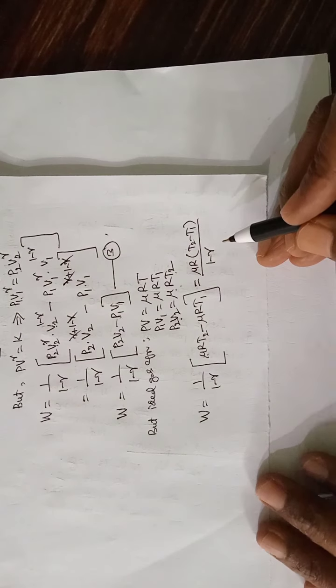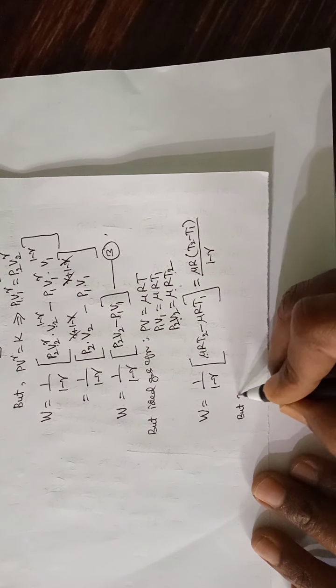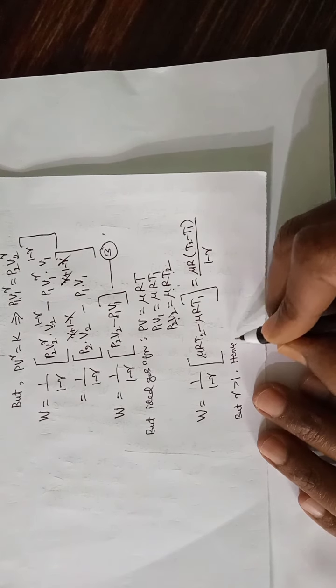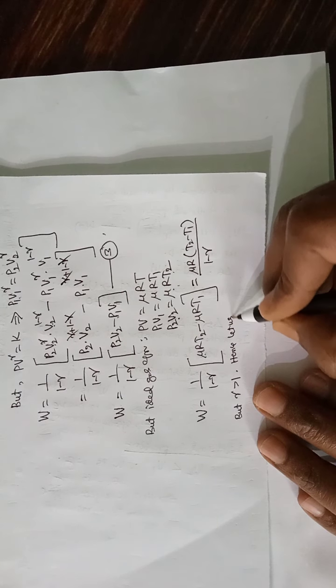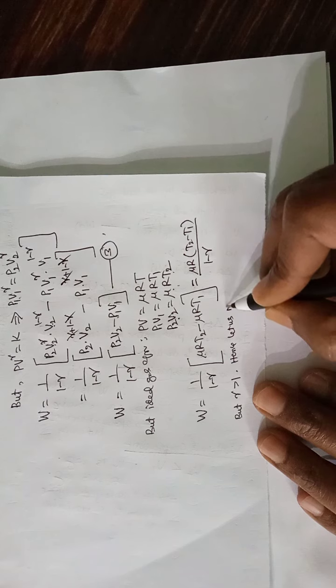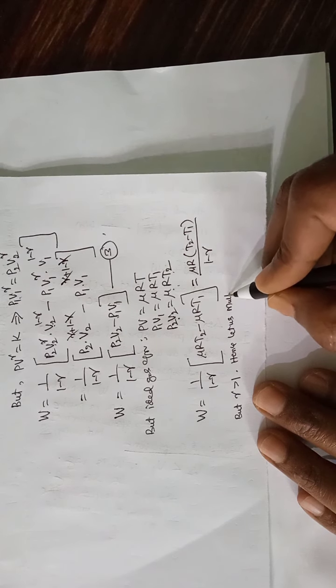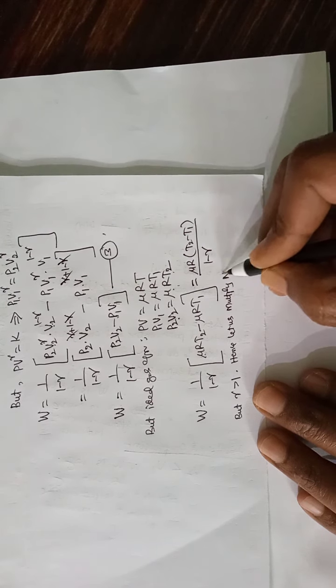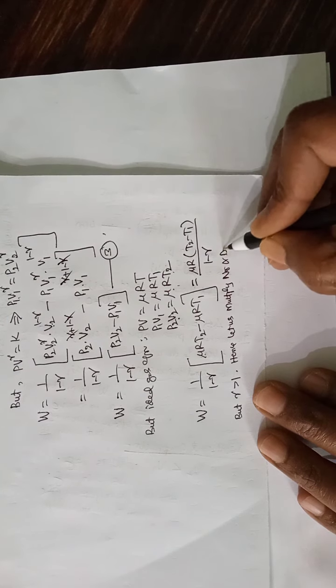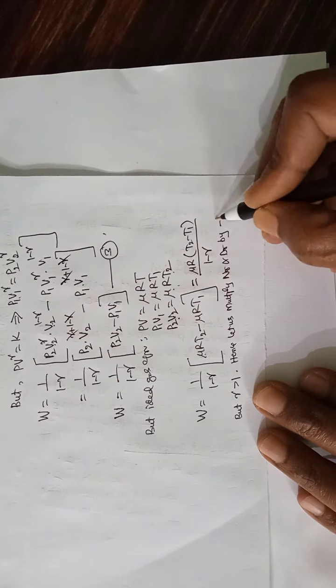But here gamma is greater than 1. Hence, let us multiply numerator and denominator by -1.